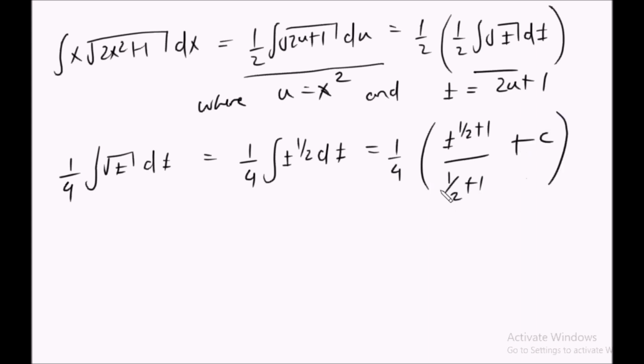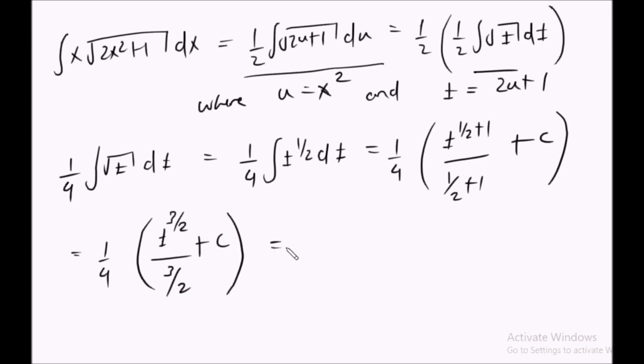Half plus 1 is 3 over 2, so t power 3 over 2 over 3 over 2, plus c. So this is 1 over 4 times 2 t power 3 over 2 over 3, the 2 comes up, plus c.